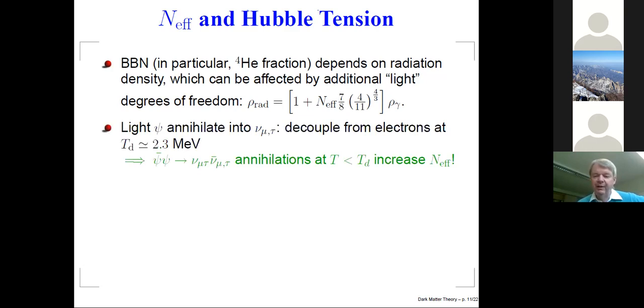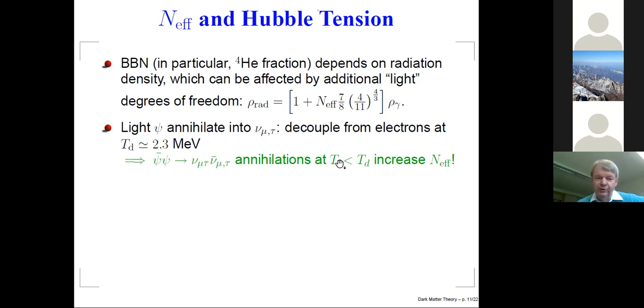Now, in our case, if you have a light dark matter particle, or in fact also a light gauge boson, which will decay rather than annihilate, they always lead to extra muon and tau neutrinos. Now, muon and tau neutrinos decouple from the electrons at a temperature of about 2.3 MeV. So this kind of annihilation to muon and tau neutrinos, or also decay of the gauge bosons into muon and tau neutrinos, if this happens at a temperature below this decoupling temperature of 2.3 MeV, then it will increase N_eff.